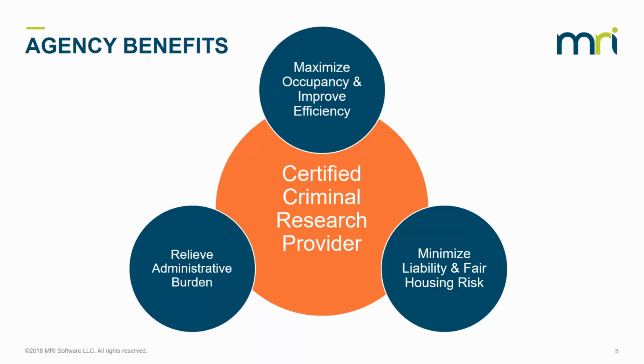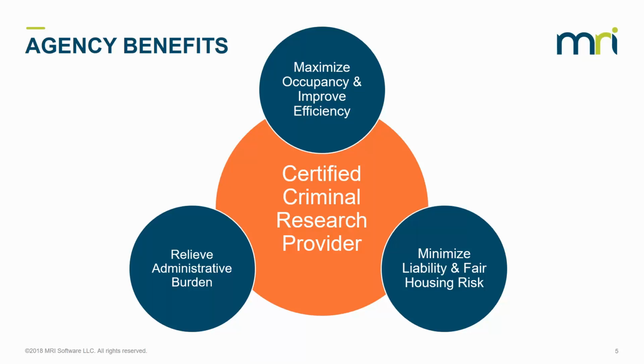And that will lead to the first and top circle that we have, of maximizing the occupancy and improving the efficiency. So when we're not creating leasing friction and getting false positives, then we have a chance to move in as many people as possible.